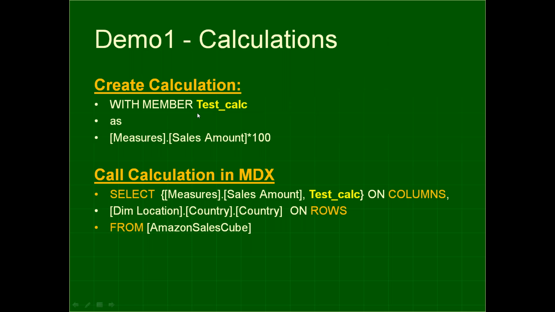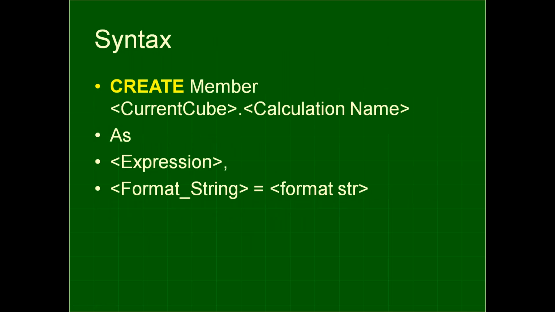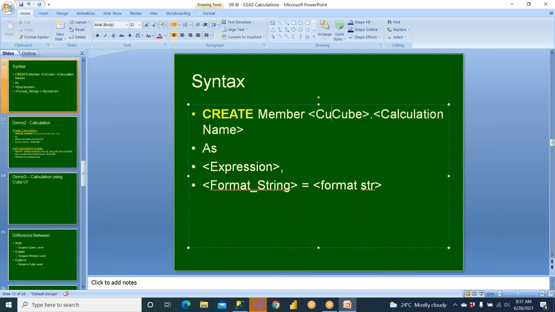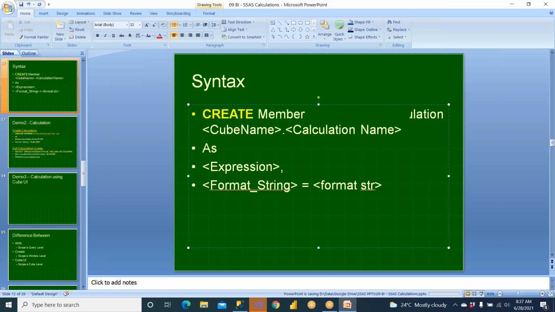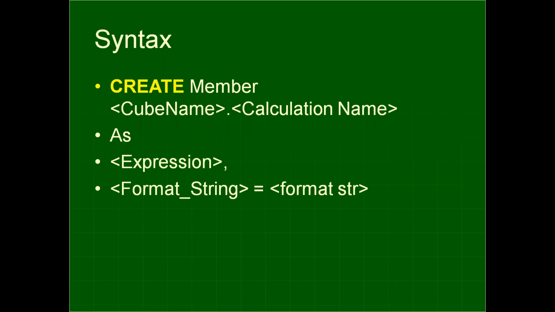But whenever you go in for a create statement, compulsorily you have to use the cube name here. Current cube means it is a cube name. So current cube means what here? It is the current cube name. That is the meaning. So guys, compulsorily you need to write the cube name here. So that is your understanding.